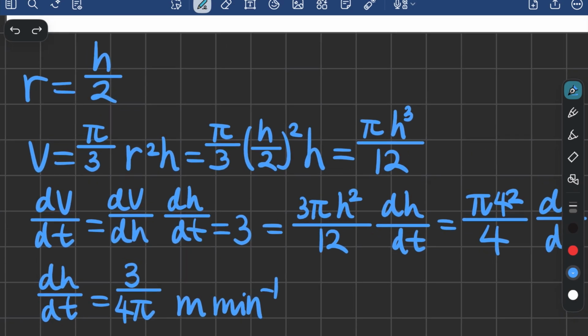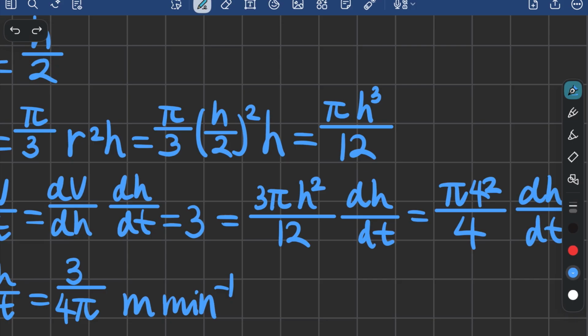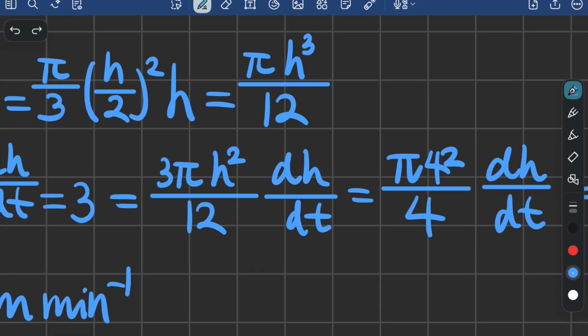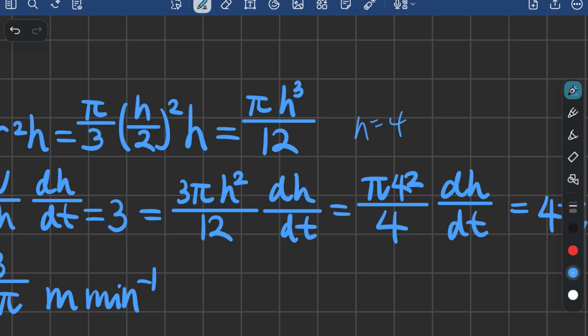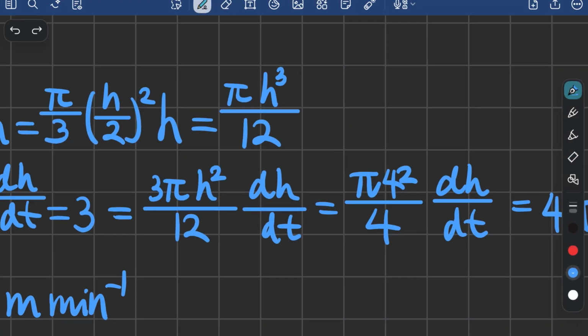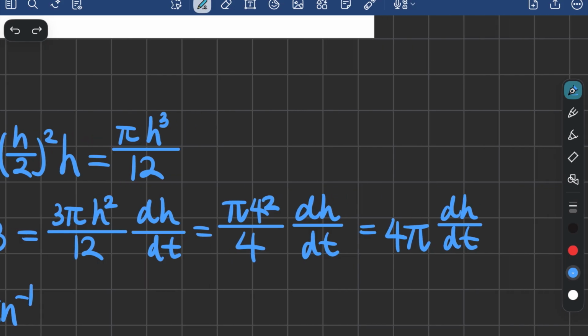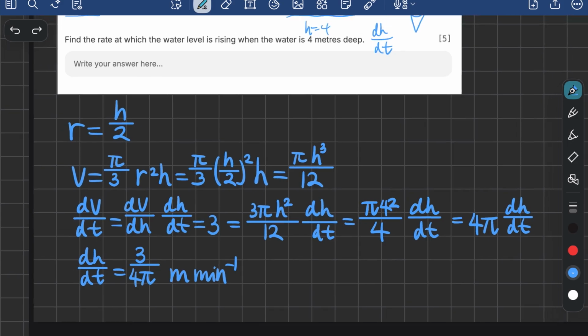So dv dt equals 3, and then dv dh will equal 3 pi times h to the power of 2 over 12 times dh dt, and substitute h equals 4 in here. And then let's just simplify this. We'll have 4 pi times dh over dt.